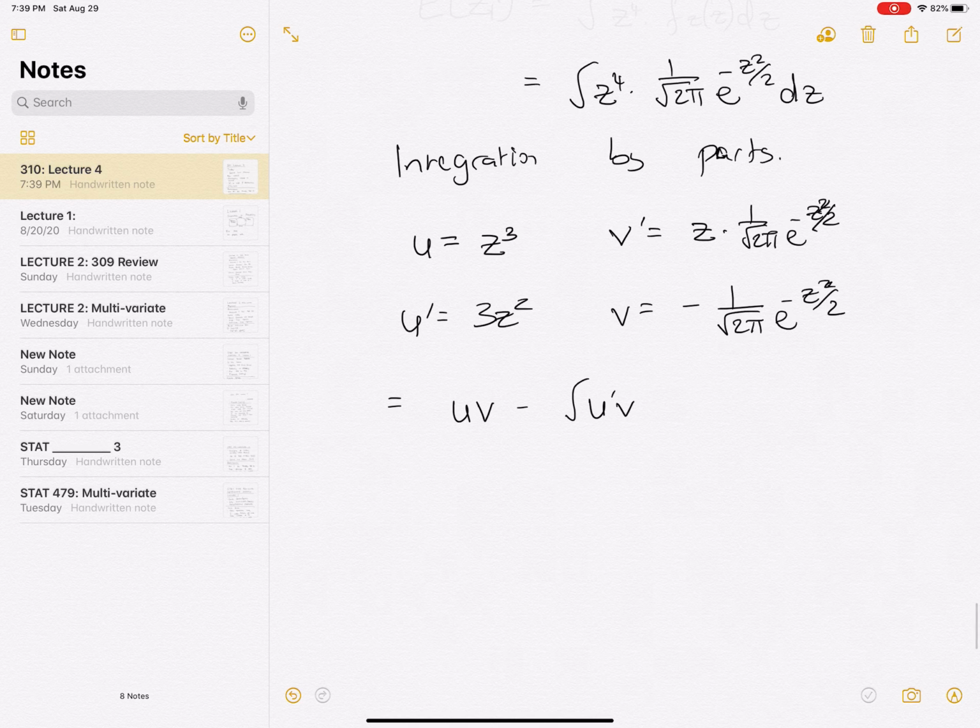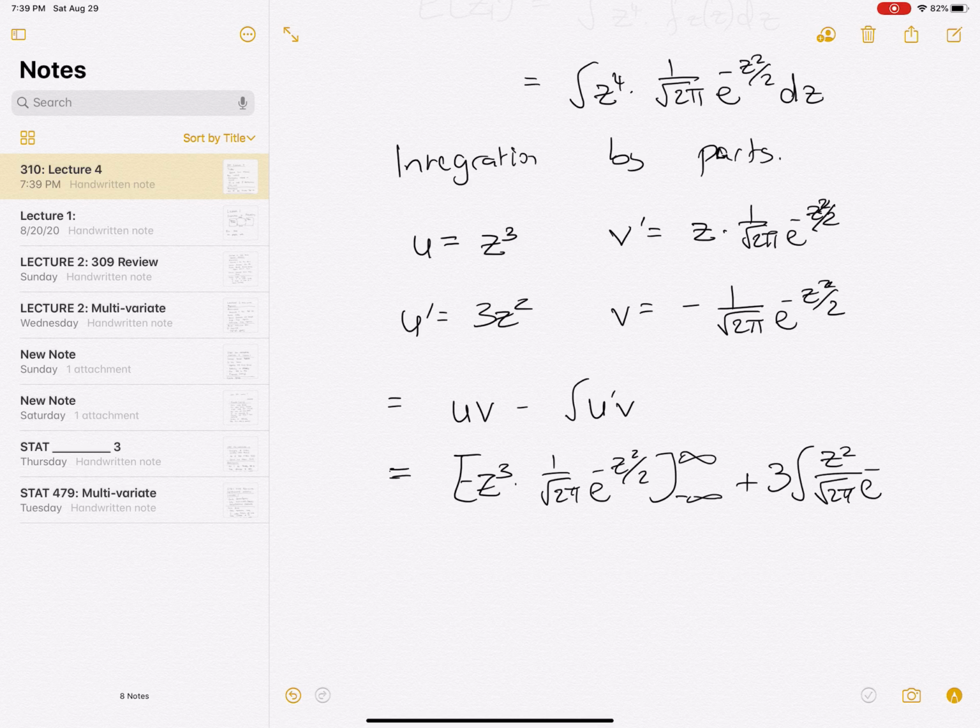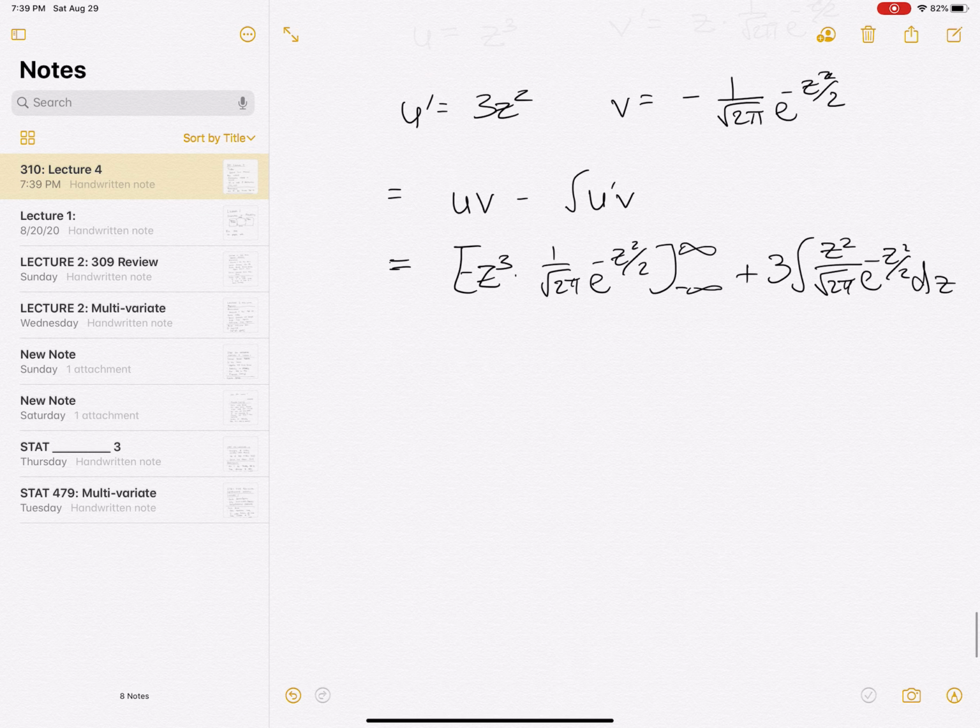So using the integration by parts, I believe that you're going to get... Okay, and so you can see that if you plug in both infinity and negative infinity, you're going to get 0 for this expression, because the exponential is going to kill off that polynomial.